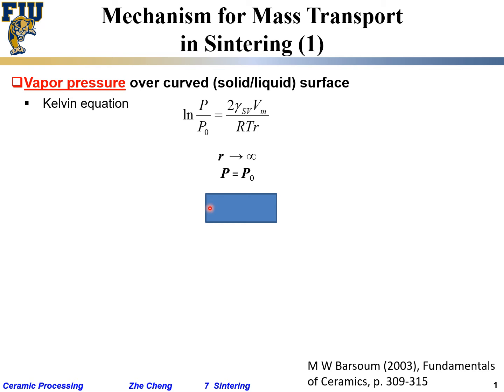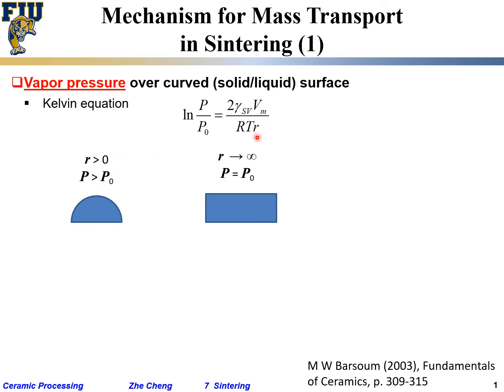Okay, at ambient temperature. But people find that if we have a curved surface, depending on which way it curves, this way, sticking out, you call it a positive radius of curvature.